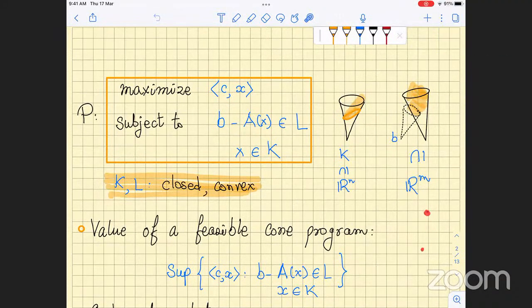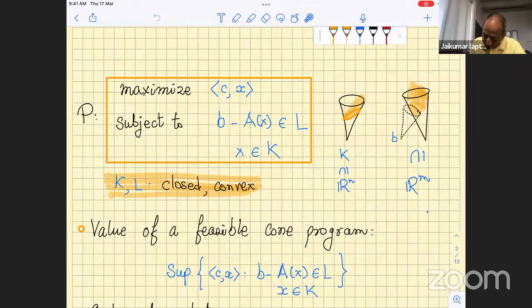But we will keep this in the general form. So with equational form, the L becomes this trivial cone, or a very degenerate cone which consists of only one point. This will come back in our discussion later.